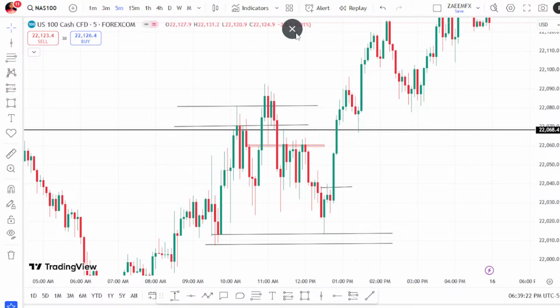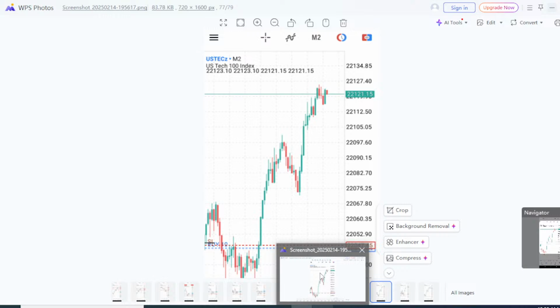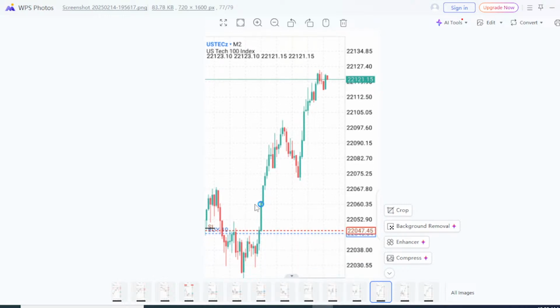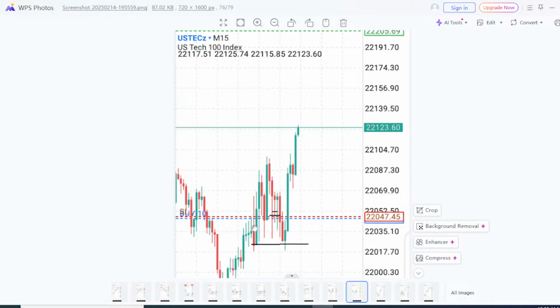If you can see it here, I think I can show you. Look at it here on the 2 minute. Once price leaves this line, just tap in many positions because I know this is the highest it can reach. I know that.